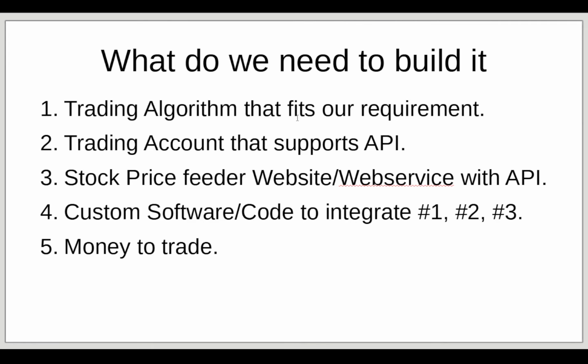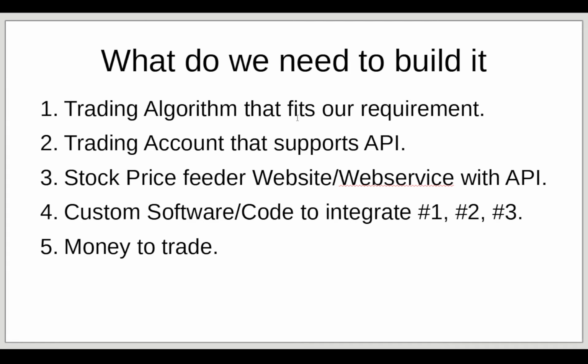So I may not need sophisticated price information. Very simple information might be sufficient. With all this information, I need to write some code which integrates all these together and makes this trading system work.